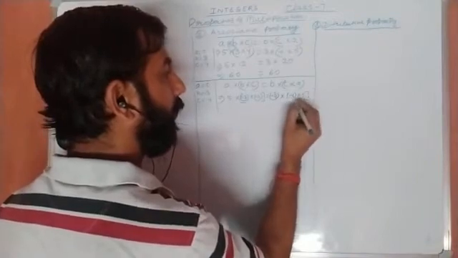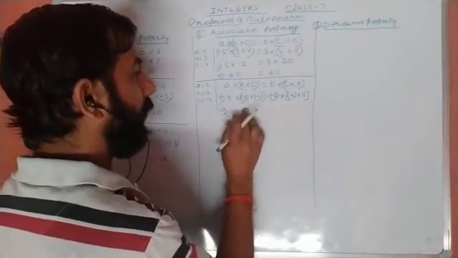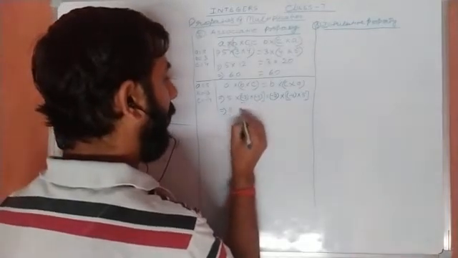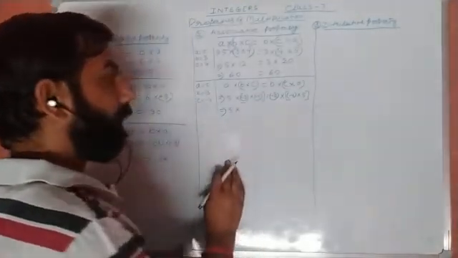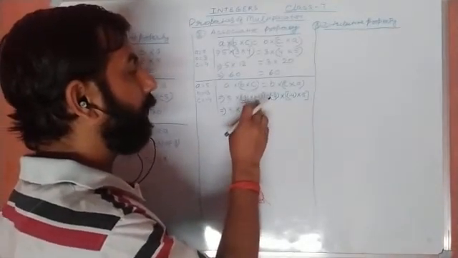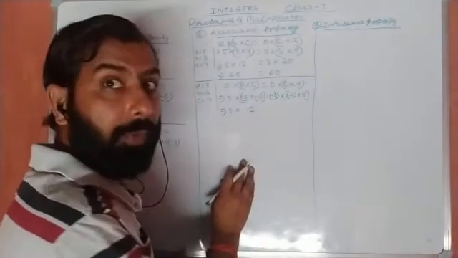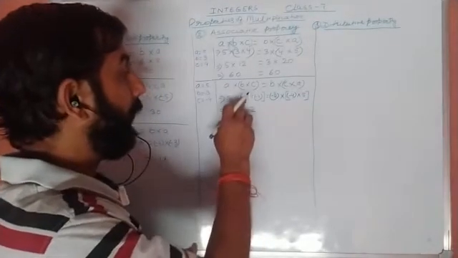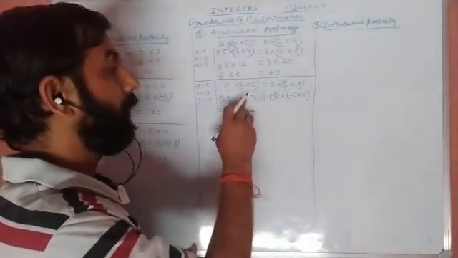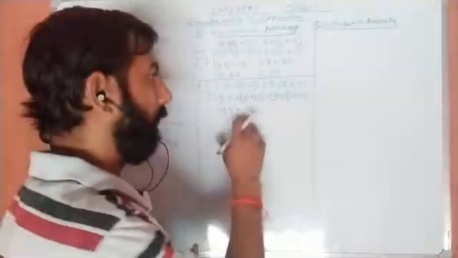So here we will use the big bracket. Now we will multiply first 5 into... Now here we have to multiply 3 into 4. So 3 4s are 12. Which sign will we put over here? Here is minus, here is also minus. So minus minus plus. So it will be plus 12.